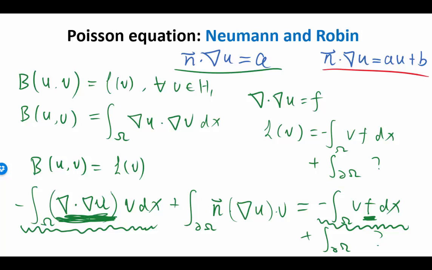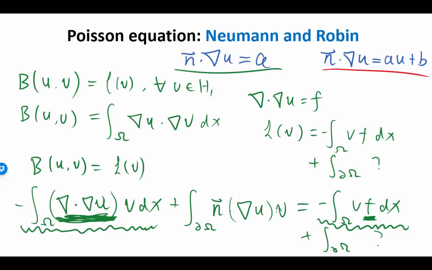The boundary term is integrated only on the boundary, and it is again multiplied by an arbitrary v. And without the essential boundary condition, without restricting the function space on the boundary, v can also be anything on the boundary.